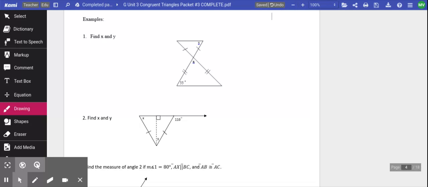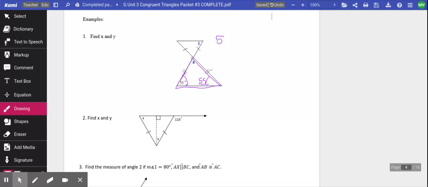So to find X, I know that this triangle down here is isosceles, and these two sides are congruent, which means these two angles are congruent. So this angle is 55. Then we need to remember that in a triangle, all the angles add up to 180.